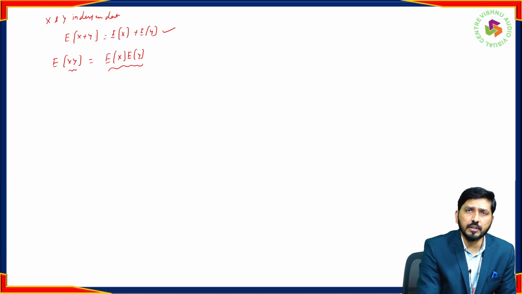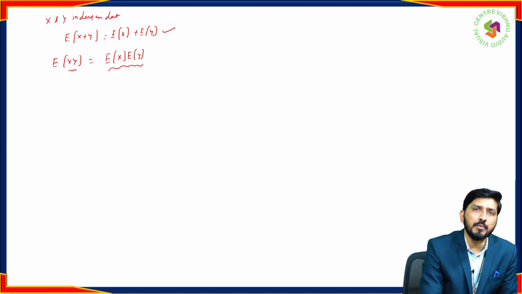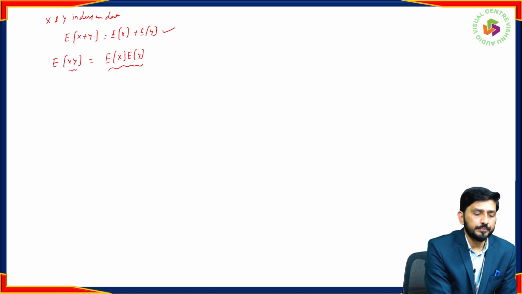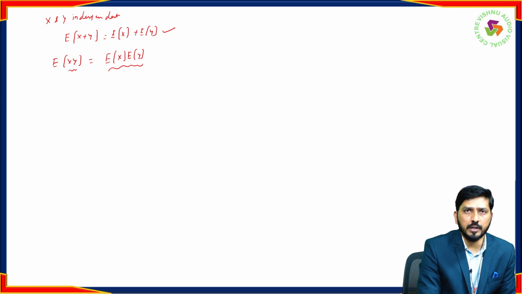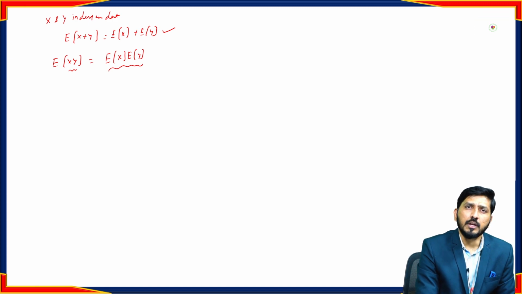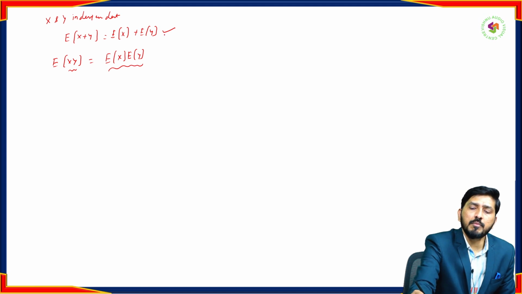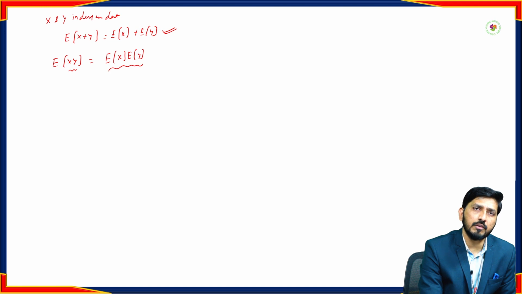So these are the basic fundamental properties related to operations on random variables, that is, the mean of multiple random variables. These cases are applicable when X and Y are independent, continuous or discrete. The formulas are the same whether X and Y are continuous or discrete.